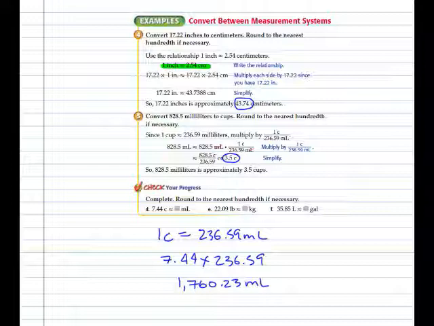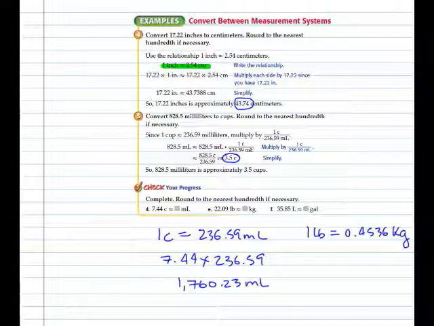In example E, we're going from pounds to kilograms, and our conversion there is 1 pound equals 0.4536 kilograms.